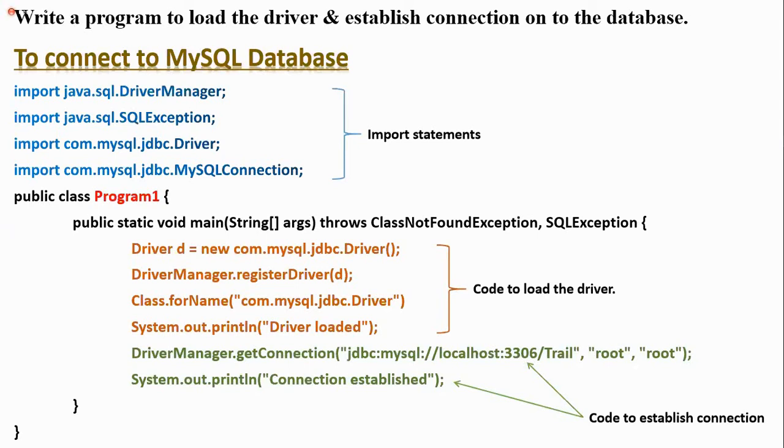Here I have demonstrated that I can do it in both ways, but doing it in any one of the ways is sufficient. In order to make you understand, if I write only Class.forName, some of you might question, sir, why are you using Class.forName? Can't we use DriverManager? That's why I've used both of them here. Both of them will help us in loading the driver.